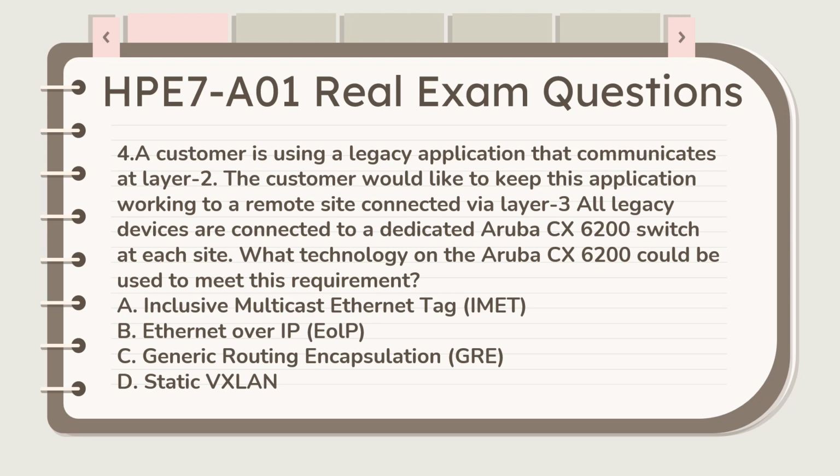4. A customer is using a legacy application that communicates at Layer 2. The customer would like to keep this application working to a remote site connected via Layer 3. All legacy devices are connected to a dedicated Aruba CX 6200 switch at each site. What technology on the Aruba CX 6200 could be used to meet this requirement?